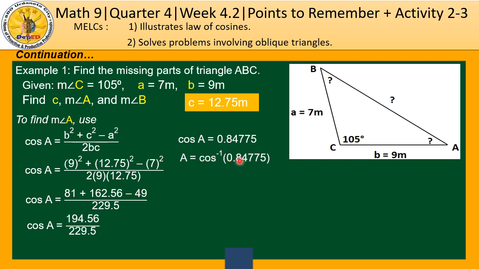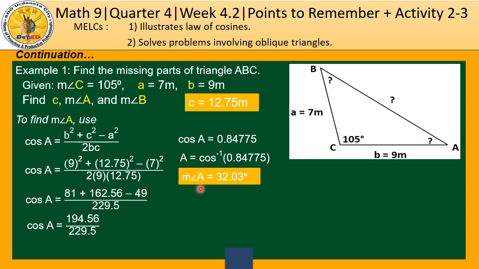Cosine inverse of this value is equal to 32.03 degrees. Again, in my final answer, I get 2 decimal places.